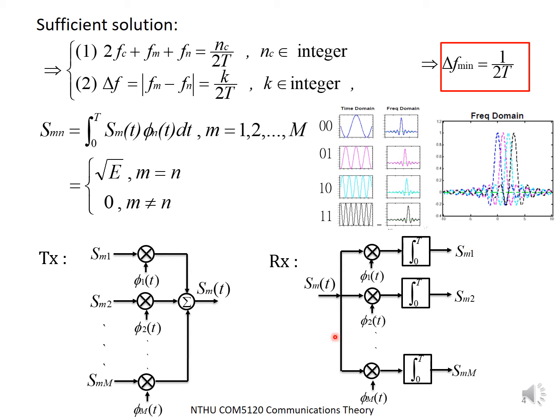The receiver can also decompose the received signal into M different components, and these M components make a vector. By analyzing this vector, there will be M different vectors for the M different signal waveforms, so by the value of the vector, we can know which waveform is received.